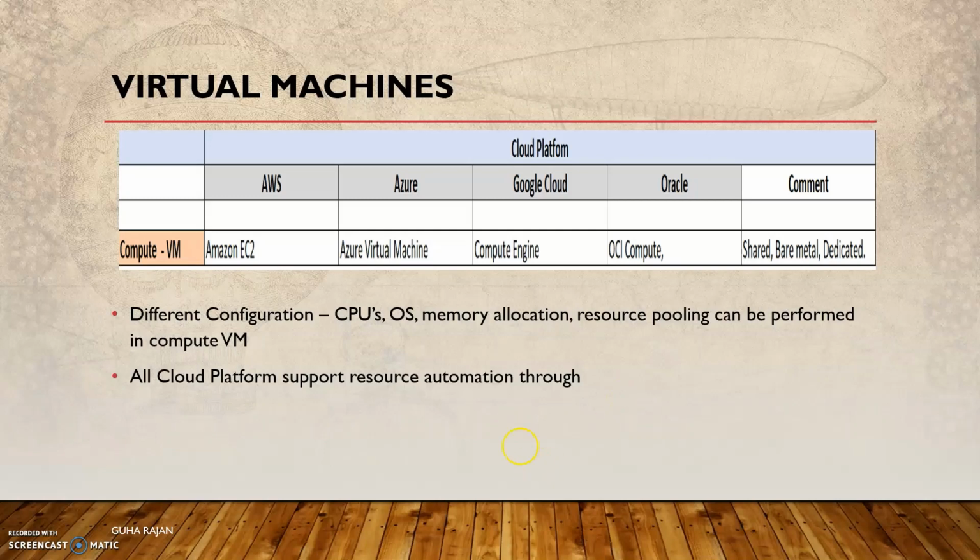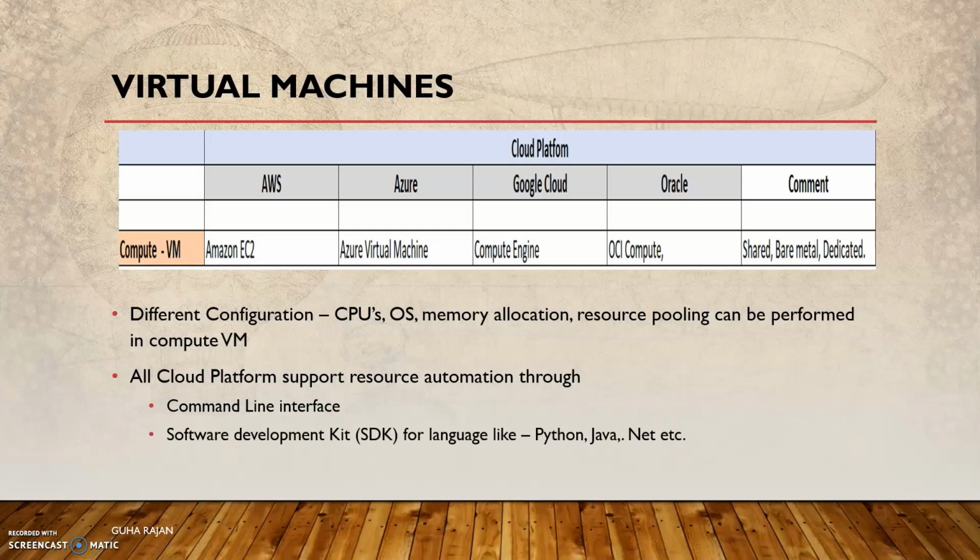And all of the cloud platforms support resource automation through the command line interface. You can provision the necessary resources apart from the cloud console. You can do it with a command line interface, and if you want to do it programmatically, there are software development kits with languages like Python, Java, which support that.